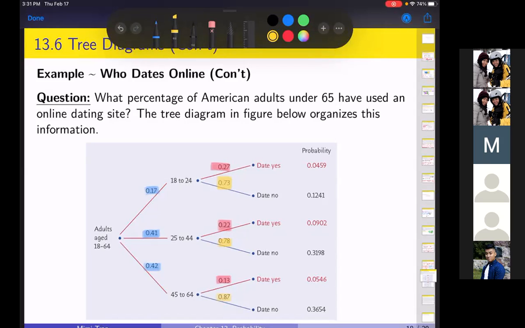All right, how do I come up with those numbers on the right? Well, somebody uses online dating, given the 18 to 24 in the adult group under 65.